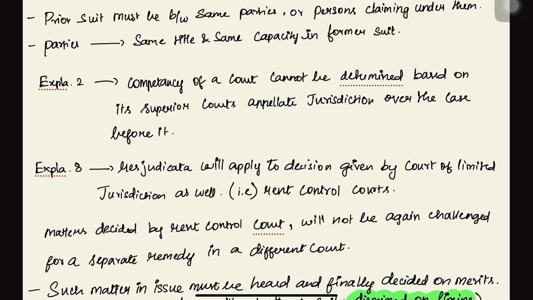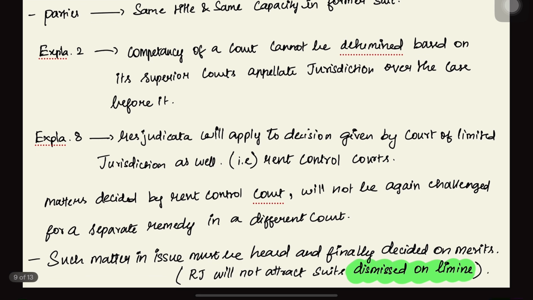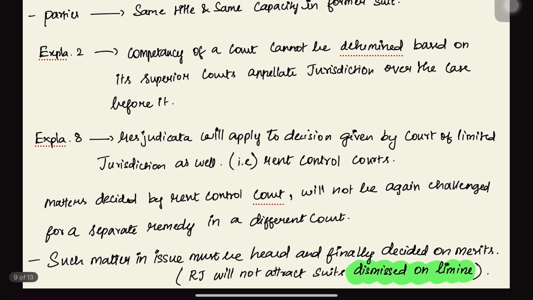Then a decision given by the rent control court cannot be challenged again in civil courts as a different suit under different grounds, because that case has already been adjudged by the rent control court, and the same matters cannot be filed before other civil courts under a different remedy, under different grounds.